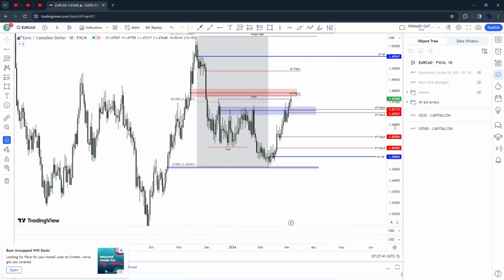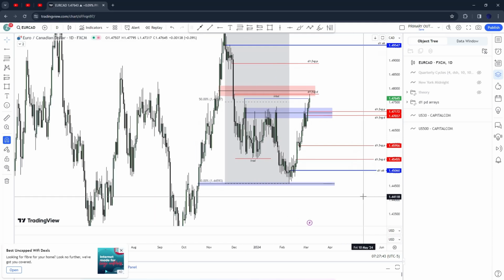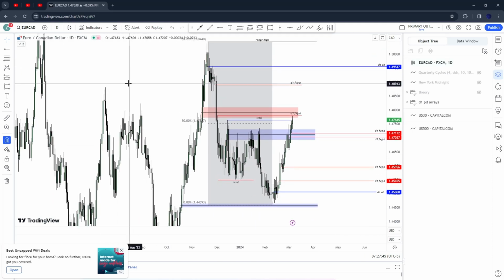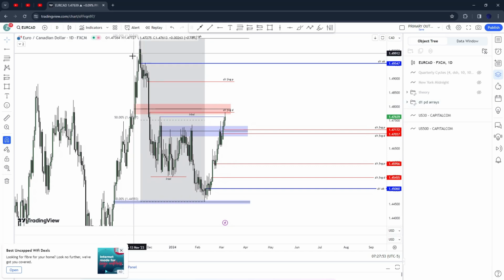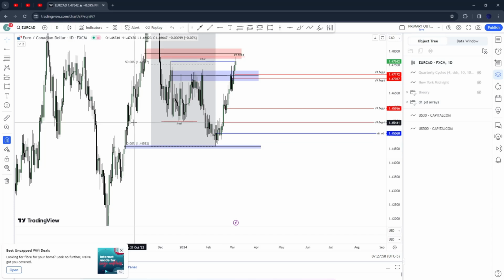So what we can see is we ran an external high, this high over here, which I would consider as an external high. We ran an external high, formed our swing high, and then retraced back into our range, running all of these short-term swing lows in here and bouncing off of this fair value gap.